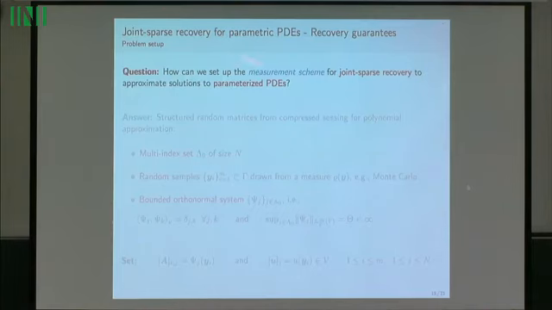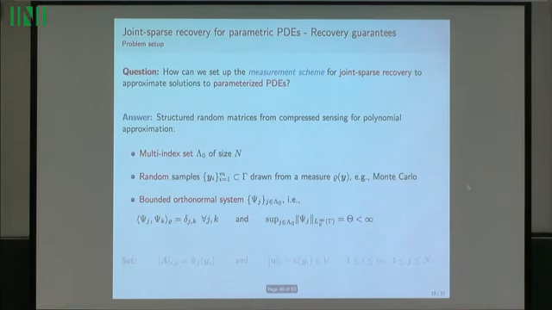How can you actually set up this problem to solve, how can you set up the measurement scheme from the first couple of slides to solve the joint sparse recovery problem and an approximate solution of parameterized PDEs? Well, the answer comes from structured random matrices from compressed sensing for polynomial approximation. And there you need the ingredients of a multi-index set, random samples drawn from some measure, the measure associated with your probability distribution, and these would be just standard Monte Carlo samples.